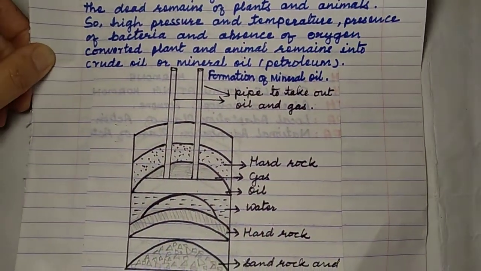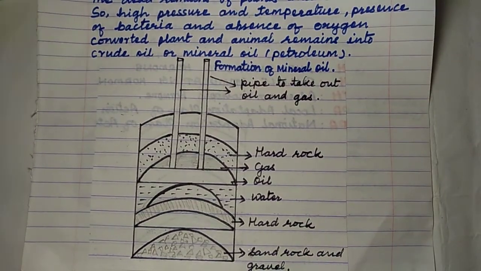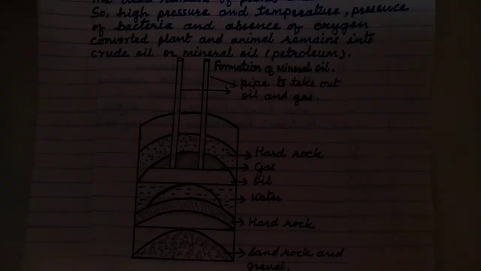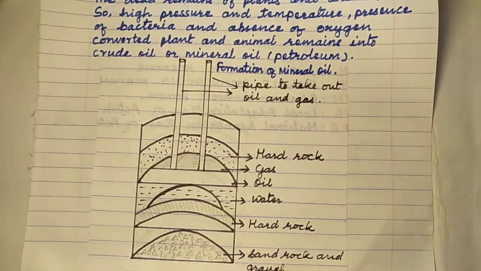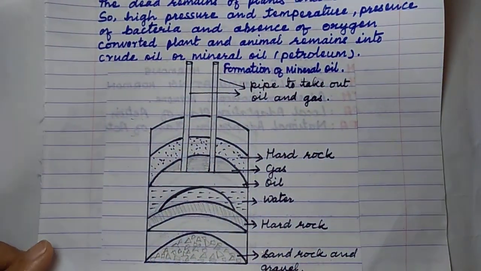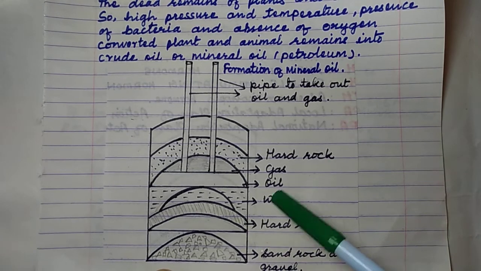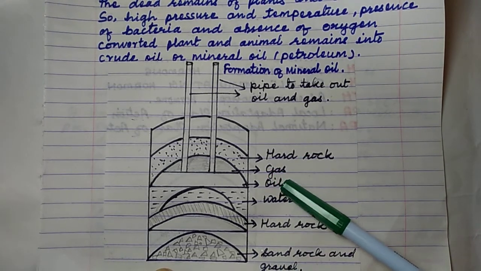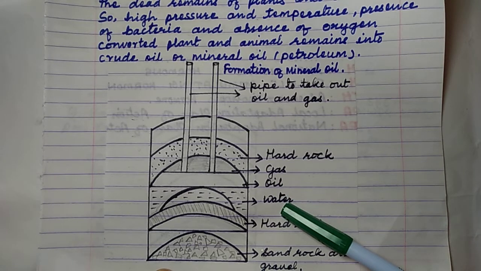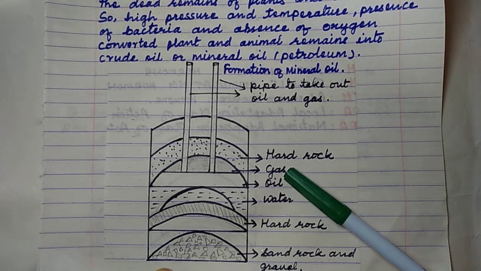This is the diagram. Okay, you can see the oil is present in between two hard rock layers. There is a hard rock layer, there is a hard rock layer, and there is oil in the middle. The oil is floating on top of a water layer, and there is gas on top of the oil layer.